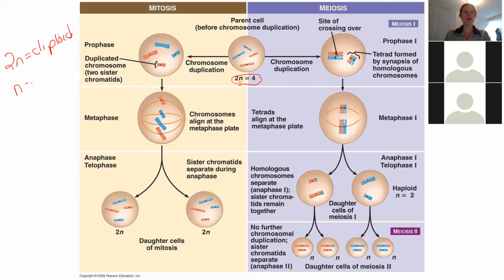N is the common abbreviation for haploid. Because remember in math, if there's no number here, it's a 1. 1 set of chromosomes, 2 sets of chromosomes, and the N is the number of chromosomes or pairs of chromosomes.